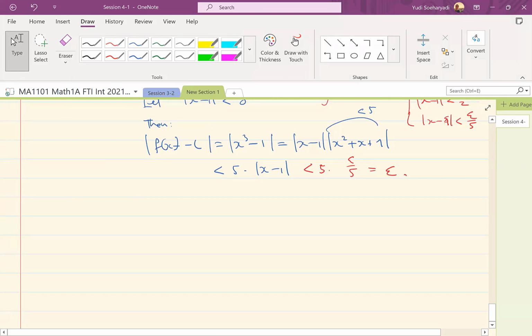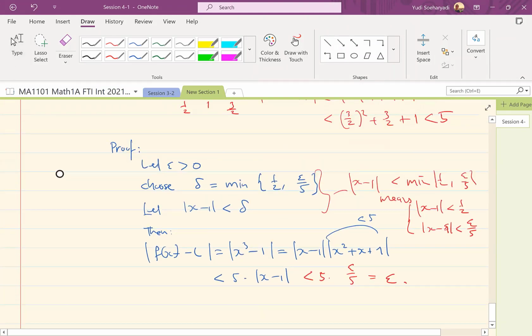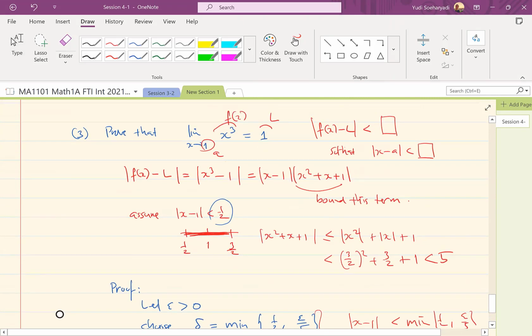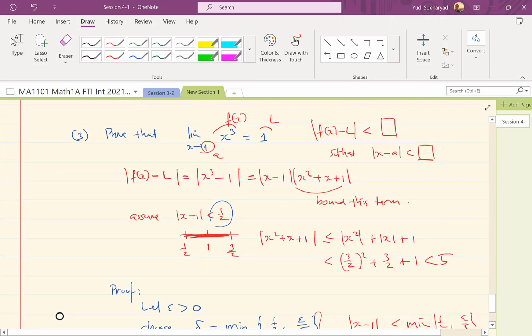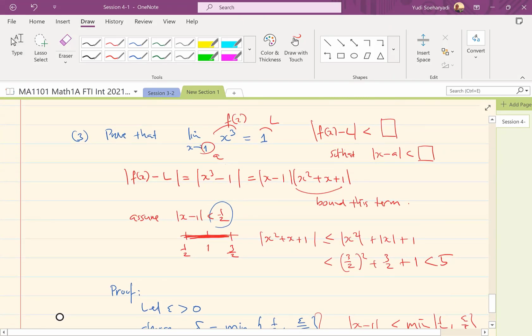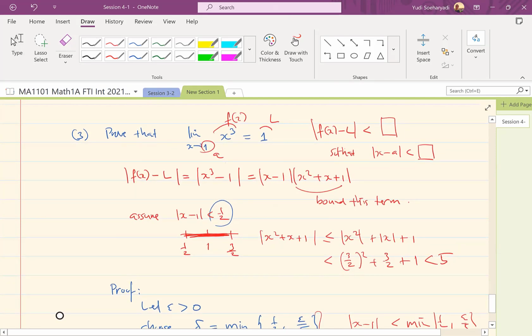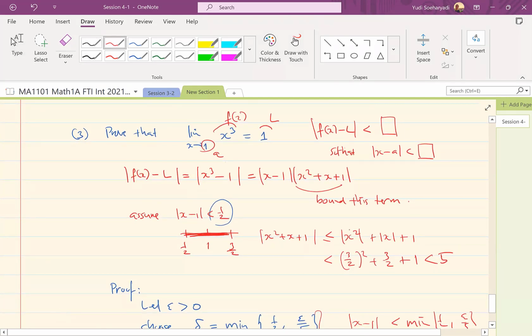Okay, questions? Sir, I'd like to ask. Sure, go ahead. Can you scroll up the screen a little bit? In the part where you substituted 3/2, why did you insert 3/2, not 1/2? Because we need to find the upper bound, so you take the largest possible x.